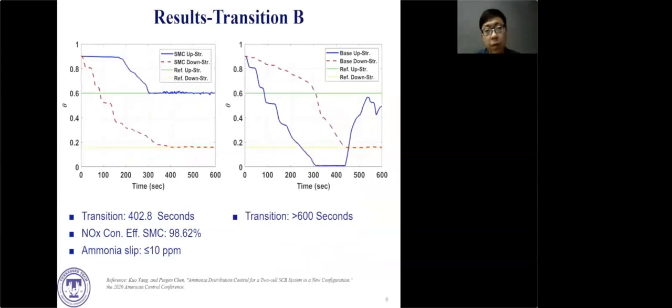In transition B, the proposed system is able to complete the transition process in 400 seconds, while the conventional system is unable to complete the same transition process in the 600 second simulation.